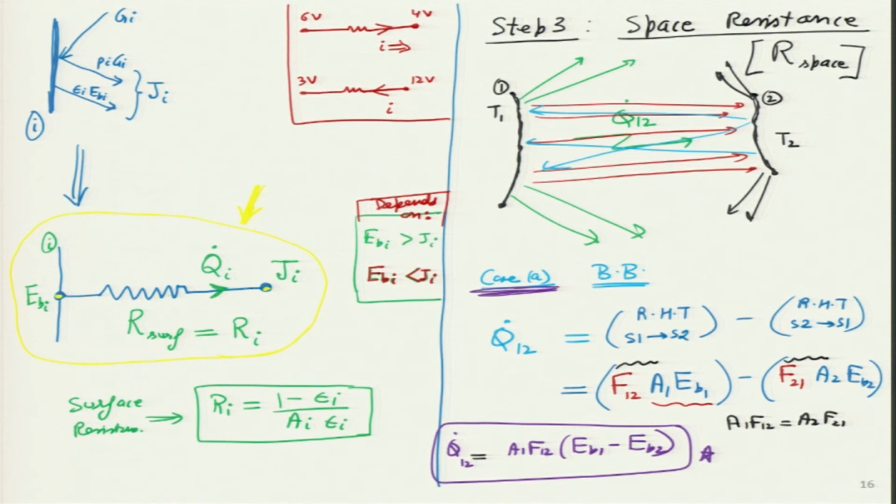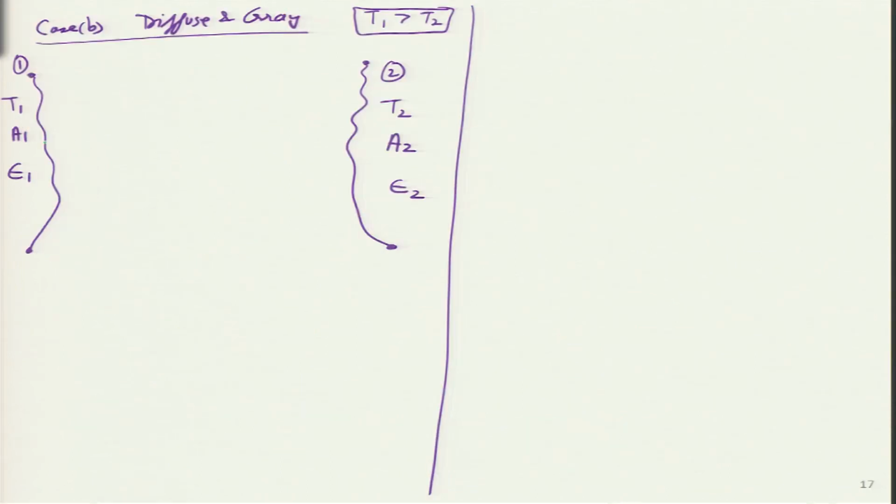Why can't we apply it in the next slide over here, which means I can make a node over here, because some sort of heat transfer will take place from this particular node, which I will write as EB1, and then there will be some radiosity node over here, which will be J1. Some current is going to flow over here.